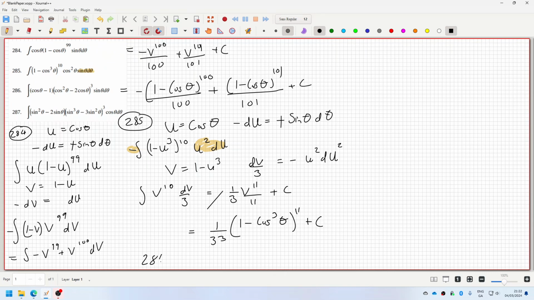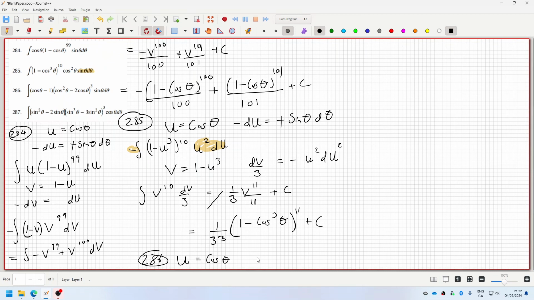286. Okay. Going to be the same trick again. Let u equal... Now I could take out cos here. Would that help me? And that would leave me with cos minus 2. I don't think so. u equals cos theta.